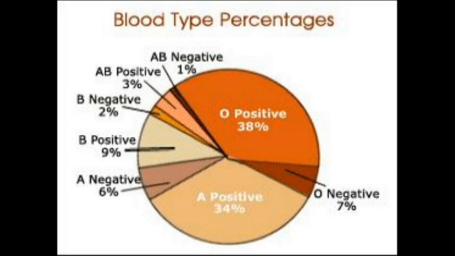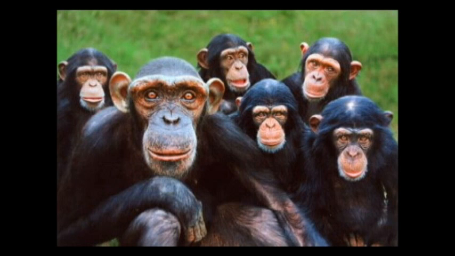And these genes, or this factor in the blood, is related to all earthly primates. They all have the Rh factor. So a positive person, A positive, B positive, AB positive, O positive, has the rhesus monkey gene in their blood.